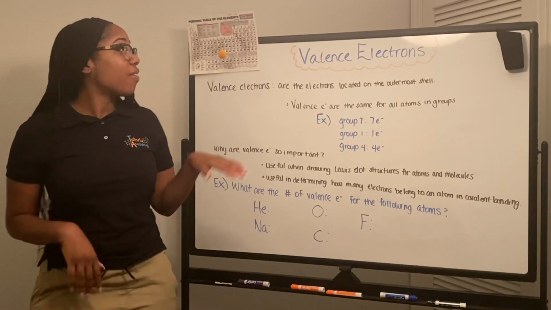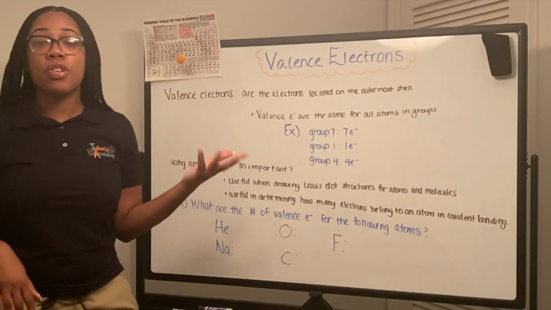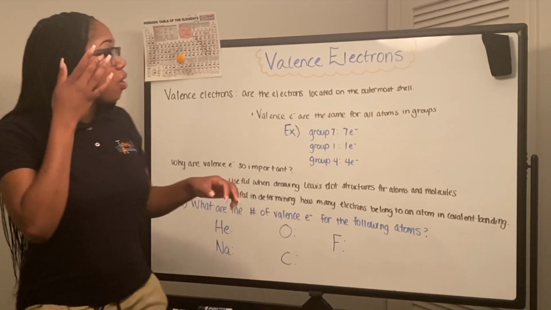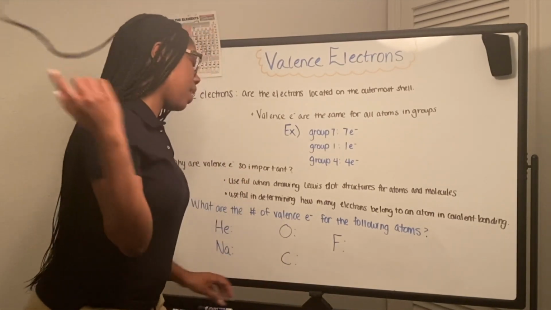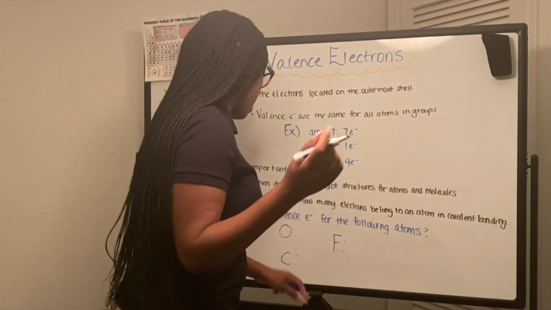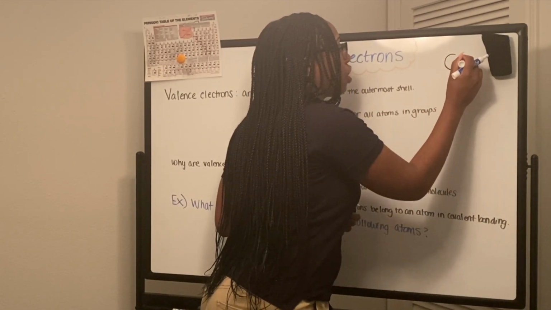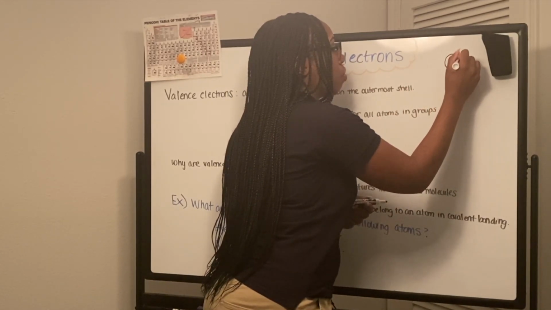Today we will be covering valence electrons, and this is a continuation of our atomic structure series. So first, what are valence electrons? Remember when we were discussing in the last video the atomic structure and then the electron configuration. In the nucleus, we have the neutrons and the protons, remember?